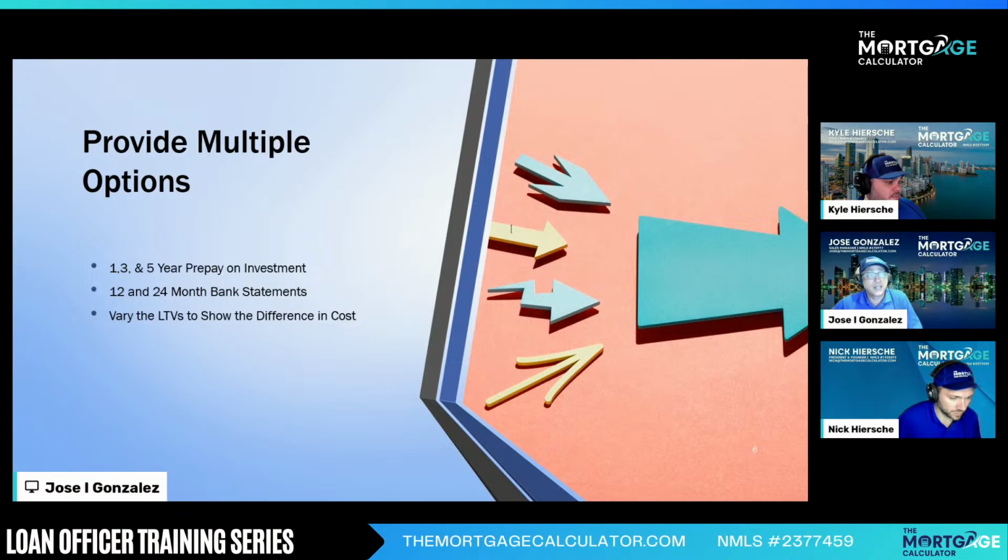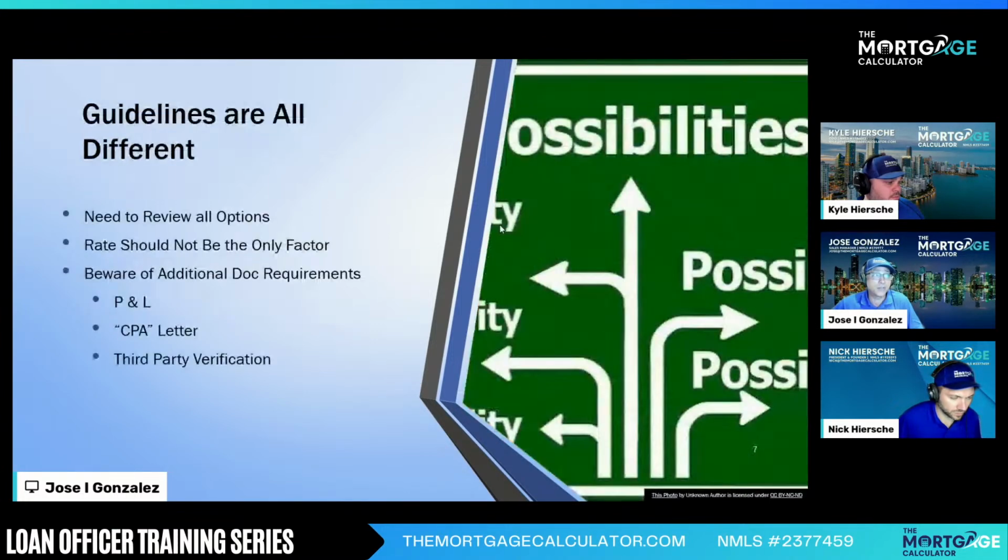So keep an eye on that and your LTV differences. And again, re-emphasizing that all the guidelines are different and very specific, right? So you have to be aware when you are getting it ready that you don't get caught off guard with any last minute conditions.